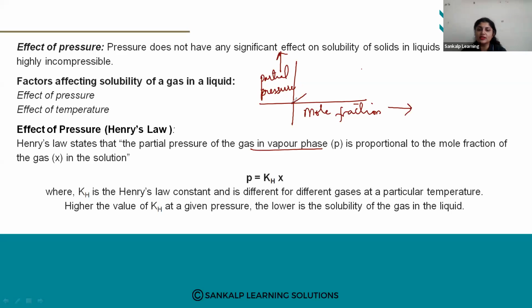From the origin, it will go up with a slope, with points A, B, C. The slope is equal to AB by BC. This slope is nothing but your Henry's law constant, which is different for different gases. This is the plot for Henry's law, taking partial pressure versus mole fraction.